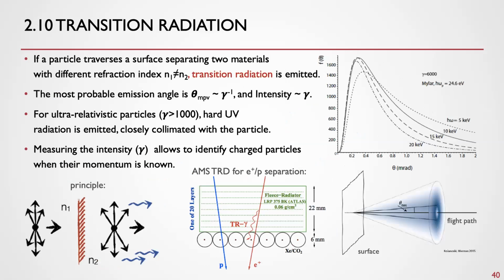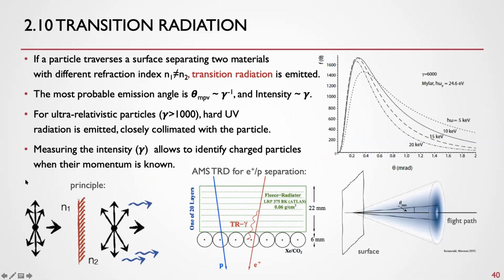The last interaction of matter, of charged particles with matter is transition radiation. We don't do any details here, but only give a very heuristic treatment. Nevertheless, transition radiation is an interesting property of detector physics, with a range of interesting applications.